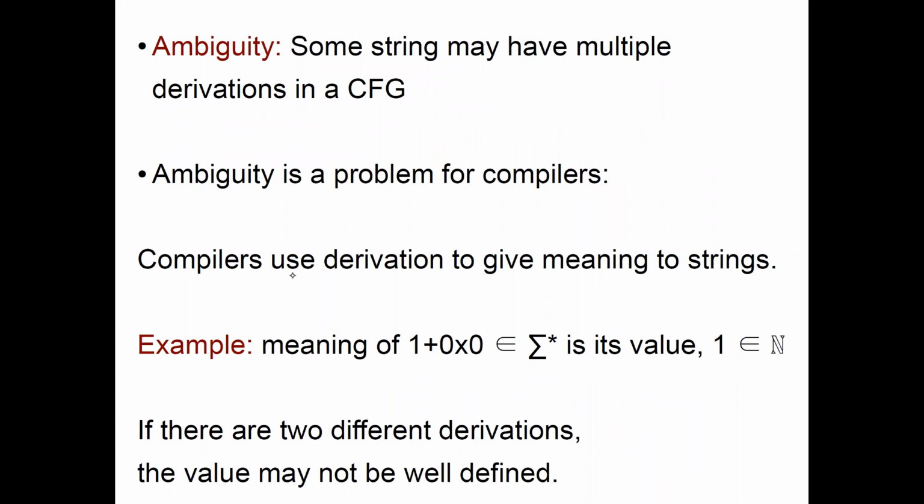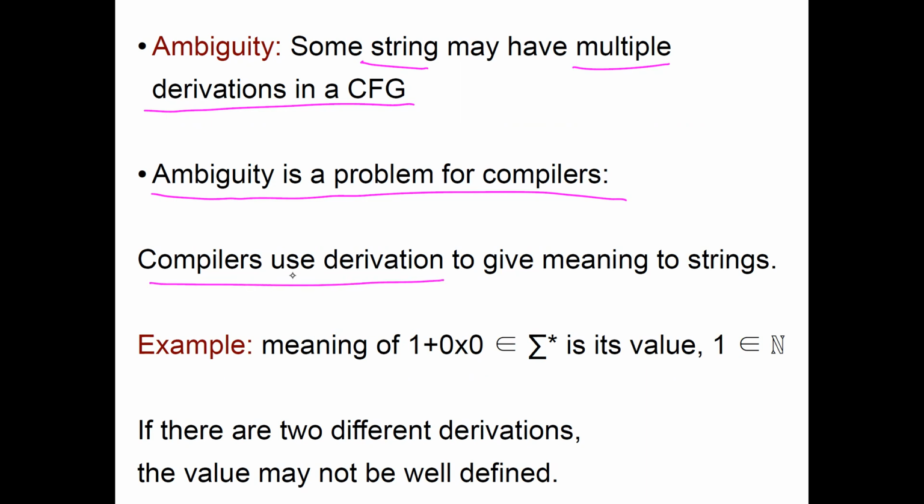Ambiguity is when some string in the language may have multiple derivations in a context-free grammar. Ambiguity is a problem for compilers. Why? Because compilers use derivations to give a meaning to a string.